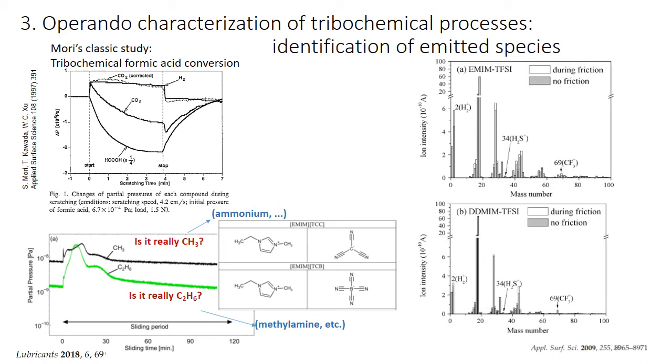In another study, of ionic liquids, also very simplistic, a very small peak at mass 34 was assigned to sulfur hydride. However, there is also an isotope of sulfur with mass 34 which can appear on the mass spectrum, and its abundance is 5%, so it is not negligible and can be measured by the mass spectrometer.